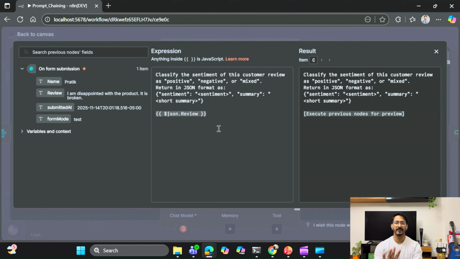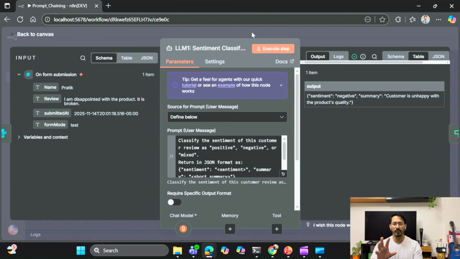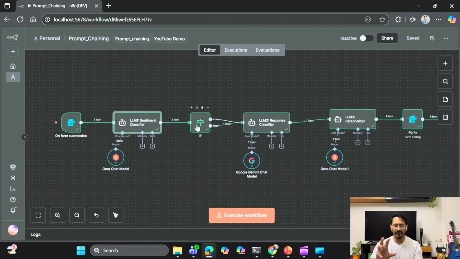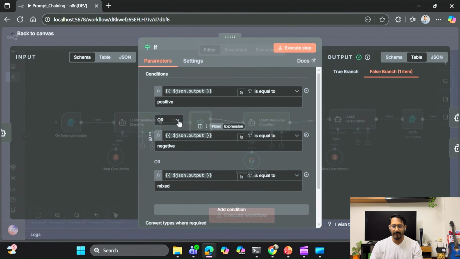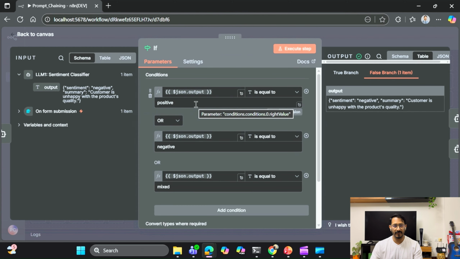So that's the first task that LLM1 has to do, and it has to give an output as to whether the review is negative, positive, or mixed. And then there is a gate, the if node, where I'm checking whether this is positive, negative, or mixed, so there is an if true or false branch coming up on this.